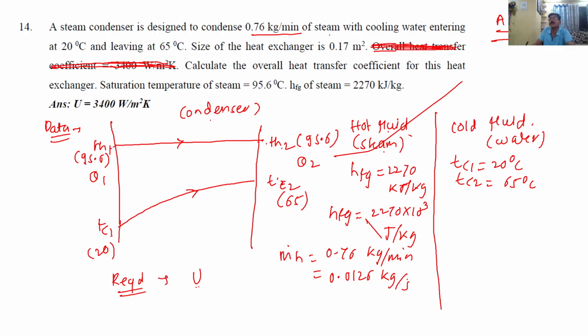What is TC2? That is unknown. And what is TC1? 30 degrees Celsius. If I will solve this, the answer of TC2 comes as 35.99 degrees Celsius.